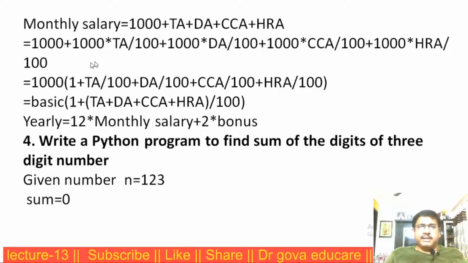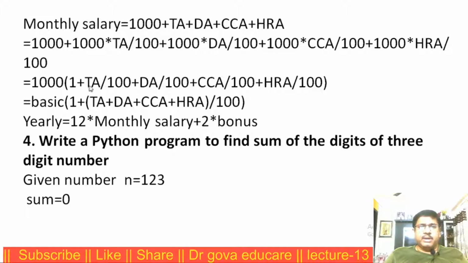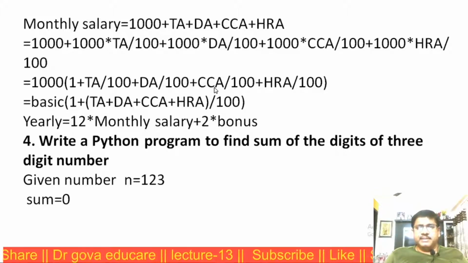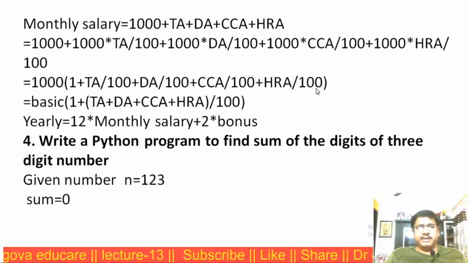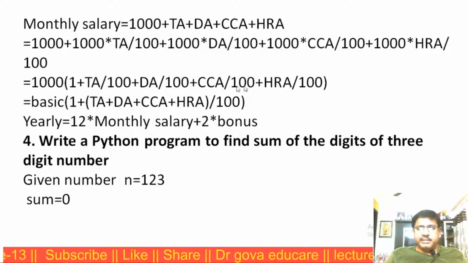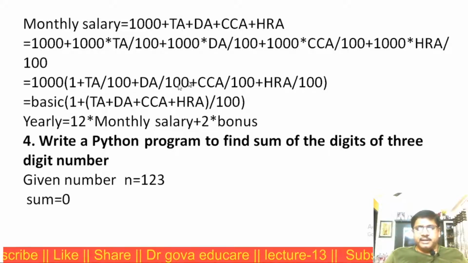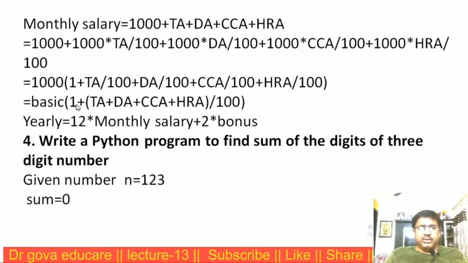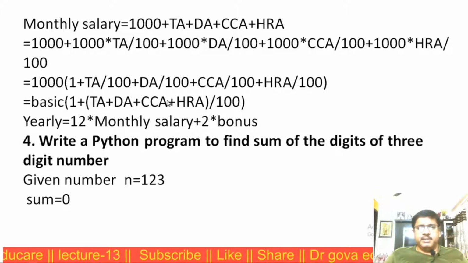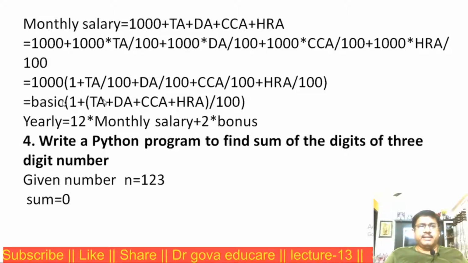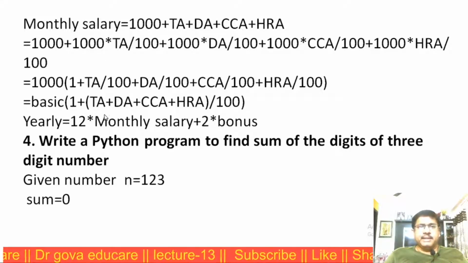Here in each term 1000 is a common factor: 1 plus TA by 100 plus DA by 100 plus CCA by 100 plus HRA by 100. Here 100 is also a common factor. Now this 1000 is basic into 1 plus TA plus DA plus CCA plus HRA by 100. This is the formula for monthly salary.